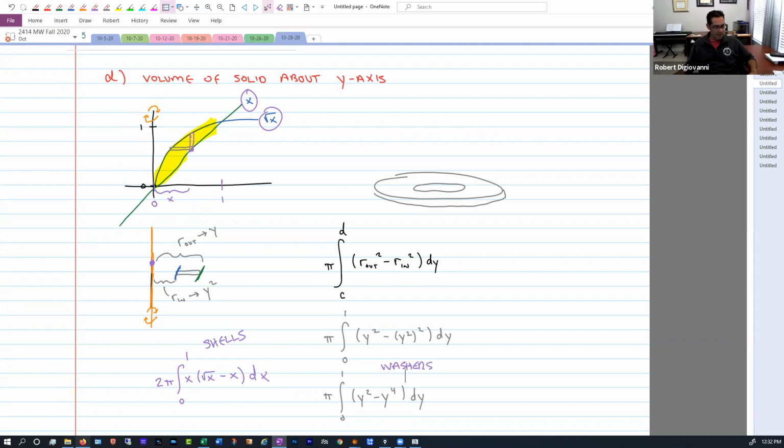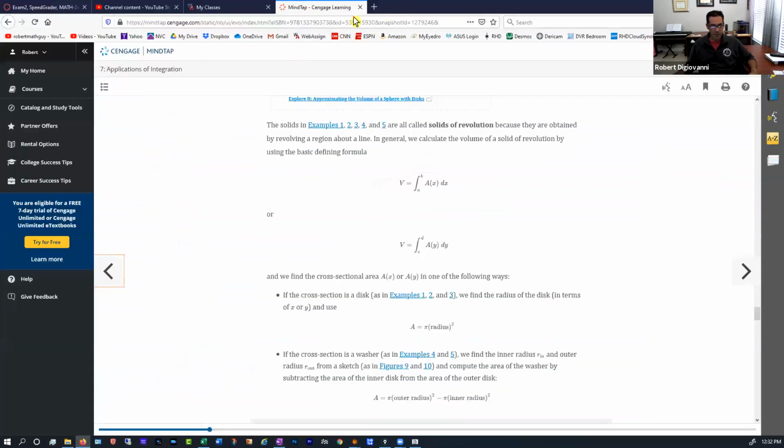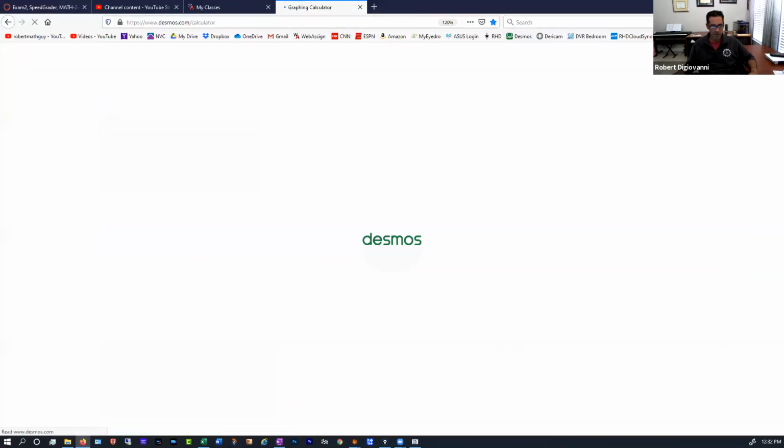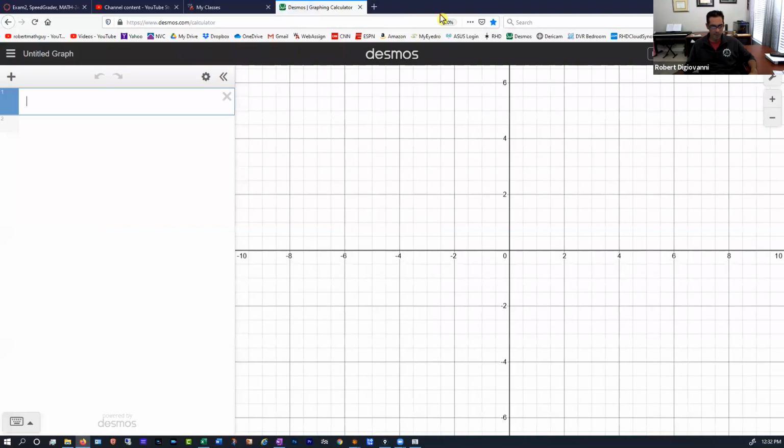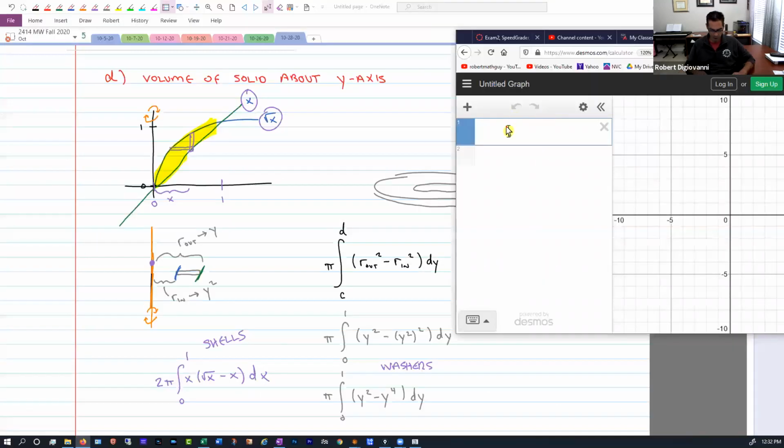I'm going to check that and see if it's right. Let me go to Desmos. So we're going to do the integral 0 to 1. Let's do the washers one first. It was pi times y squared minus y to the 4th. Maybe we did find this answer.